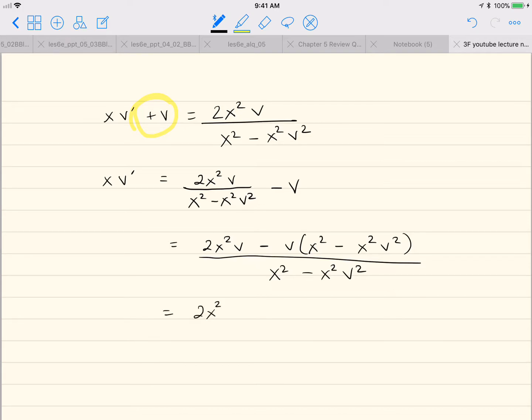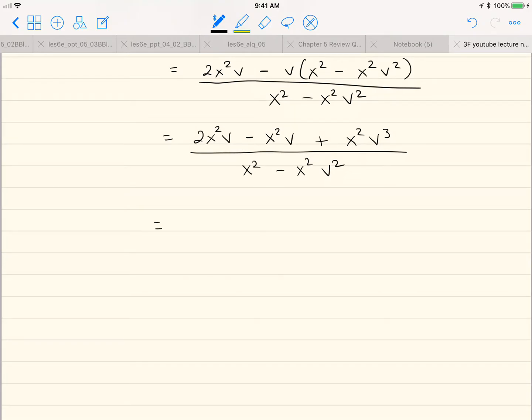So we'll have 2x squared v minus x squared v plus x squared v cubed over x squared minus x squared v squared. 2x squared v minus x squared v is going to leave me with x squared v plus x squared v cubed all over x squared minus x squared v squared.